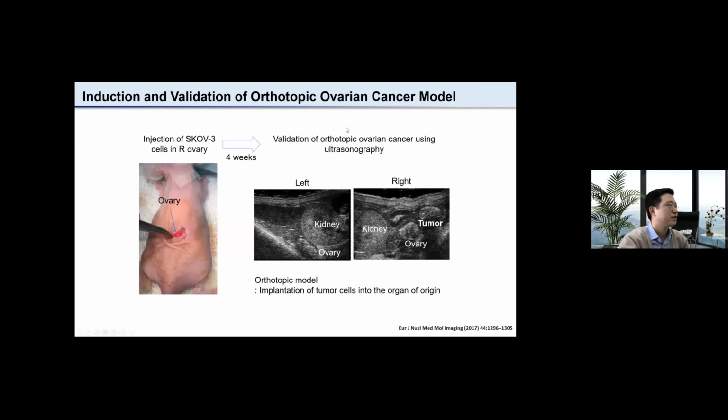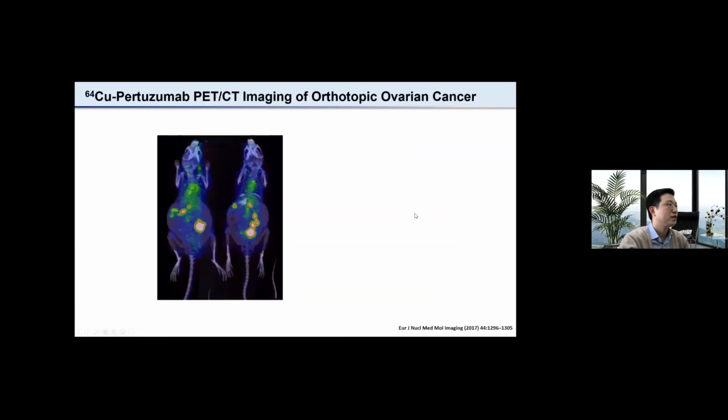So this is an ovarian cancer model, so it's not really a good fit for today's talk, but we made the orthotopic ovarian cancer model, which is implanted into the ovary. Ovarian cancer cells are implanted into the ovary, and we confirm tumor formation using ultrasonography, and then do the PET imaging.